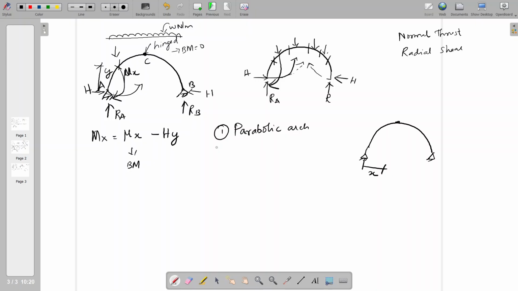So I am going to write the equation of parabola from the support level: y equal to 4 yc, where yc means the depth of the crown point, and L means span, x is the distance from the left support. So this crown distance is yc, x is from the left support and total length is L. The equation of parabola is y equal to 4yc by L square x into L minus x. This is the equation of parabola.